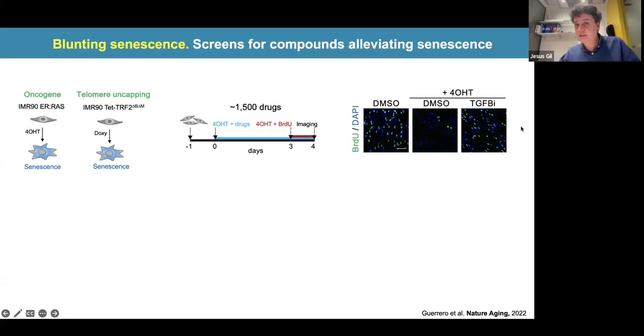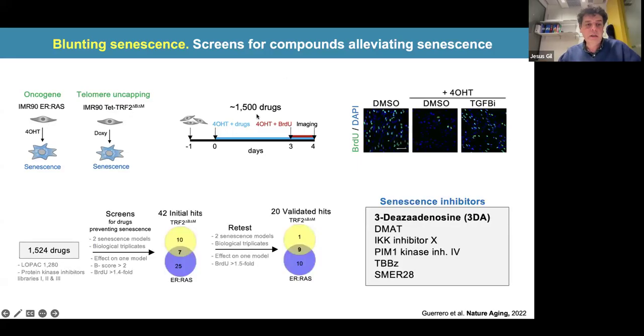So we use this as the control of our screening, and we screen this library. So we're screening two models of senescence, part of it to try to see what common things we could identify, and we identify a few drugs. And the top of those, that is this one that we call 3DA, when we treat senescent cells with these drugs, basically we inhibit, or rather blunt or delay, the entry into senescence.